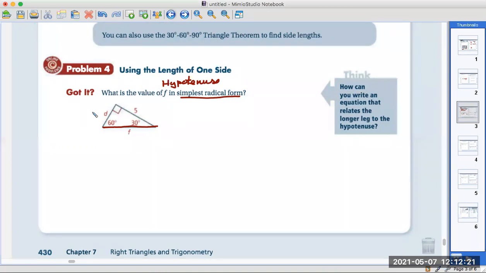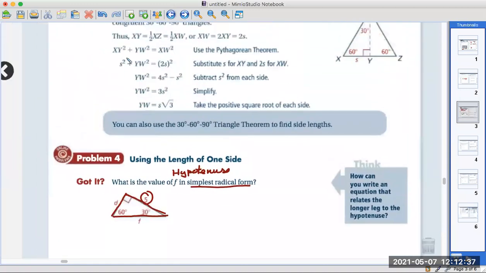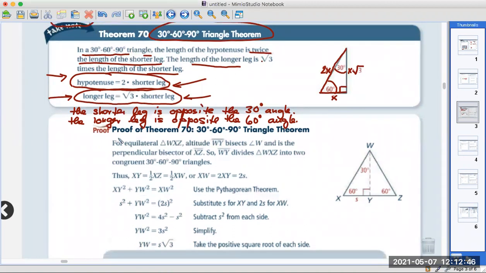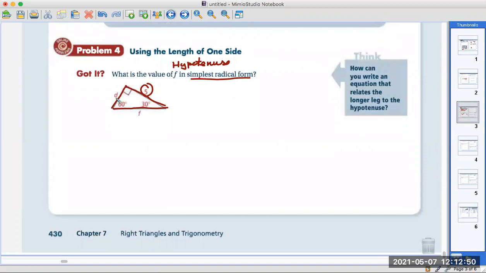And d is the shorter leg, across from 30. 5 is your longer leg across from 60. We're going to find f. Because I have a number for the longer leg, I'm going to look for the equation with the longer leg: longer leg is the shorter leg times the square root of 3. Oh, I don't have the shorter leg, so I have to find both.